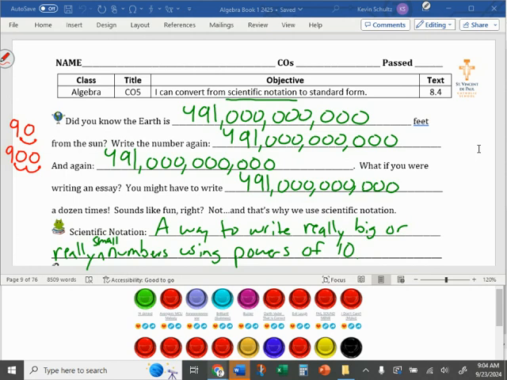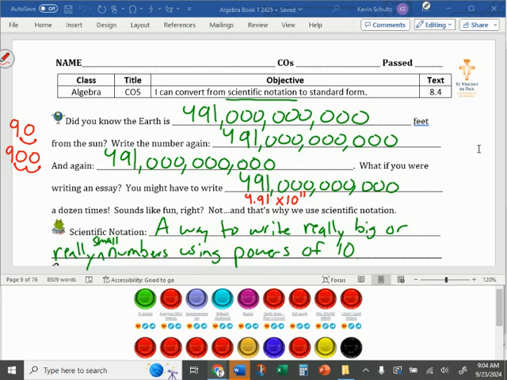So something like 491 billion, the scientific notation for this would be 4.91 times 10 to the 11th power. Who can make the connection?